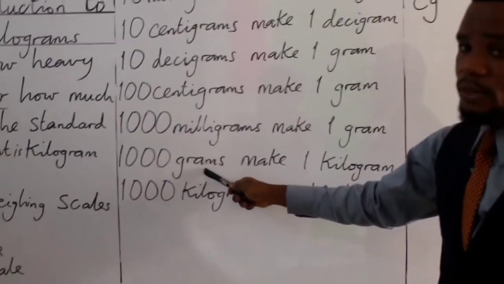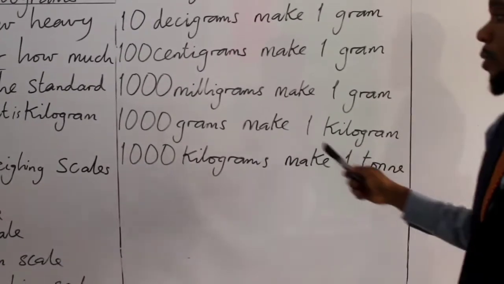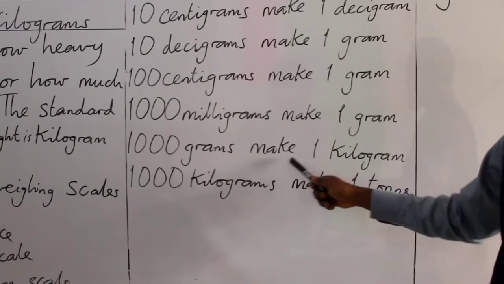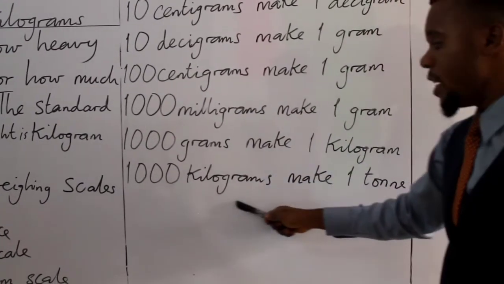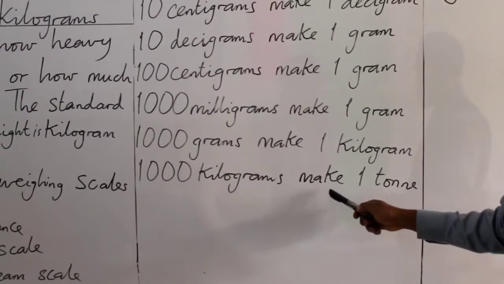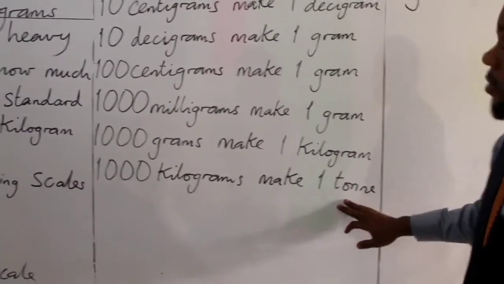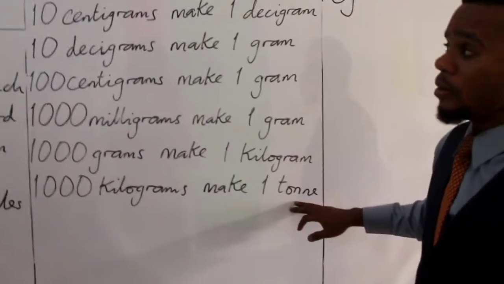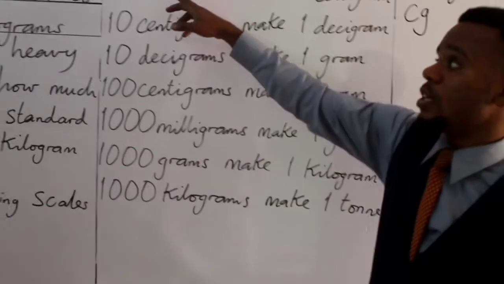1000 grams make 1 kilogram. 1000 kilograms make 1 ton. So this is the biggest unit in weight, and milligram is the smallest unit in weight.